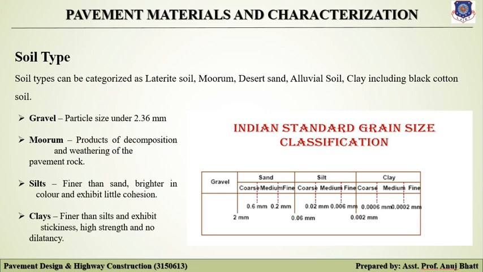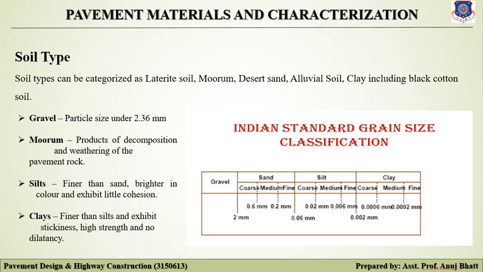Here an Indian Standard grain size classification is given, in which gravels are coarse materials with particle size above 2.36 mm, with little or no fines contributing to cohesion of materials.